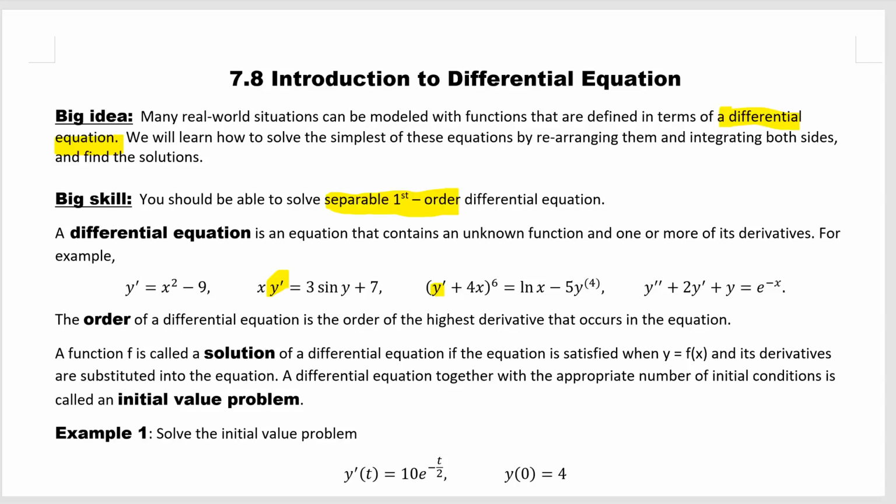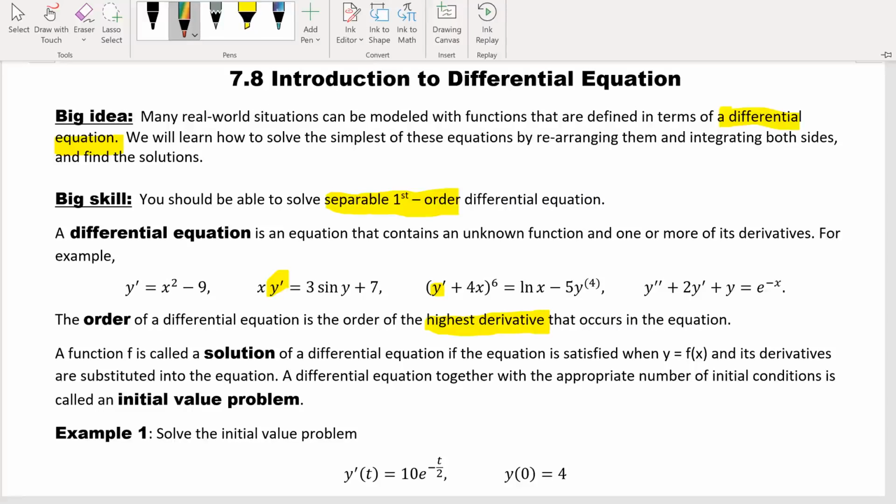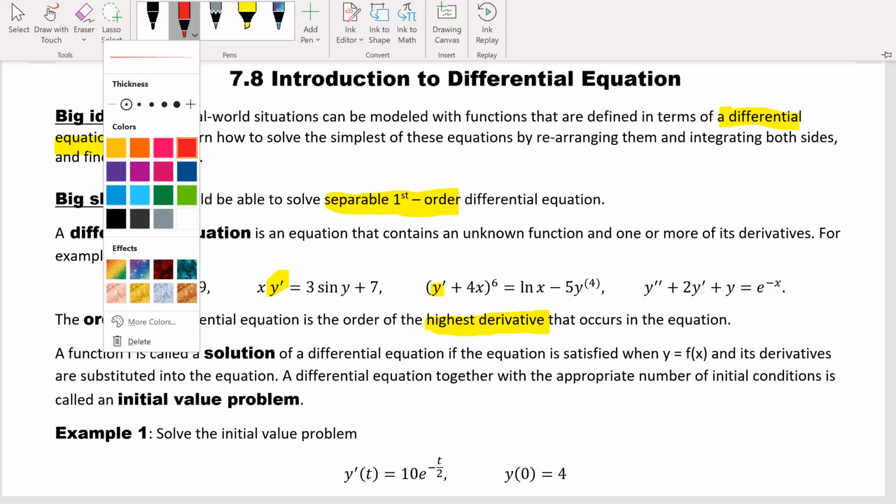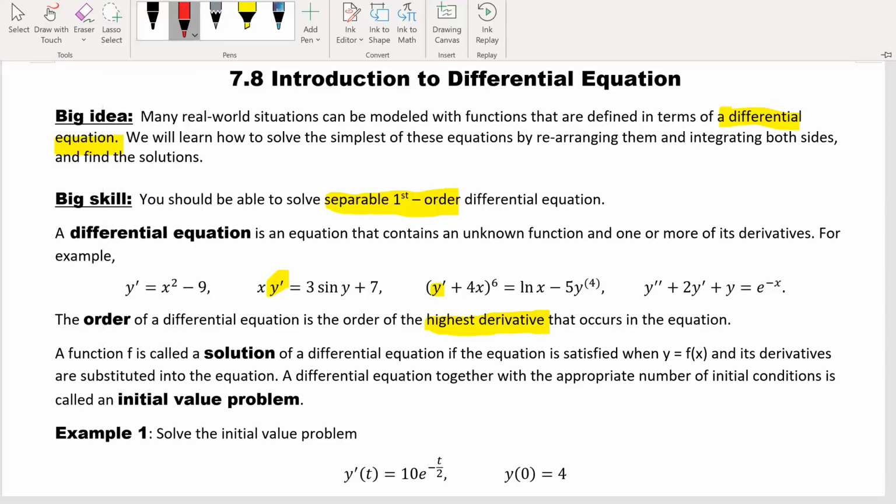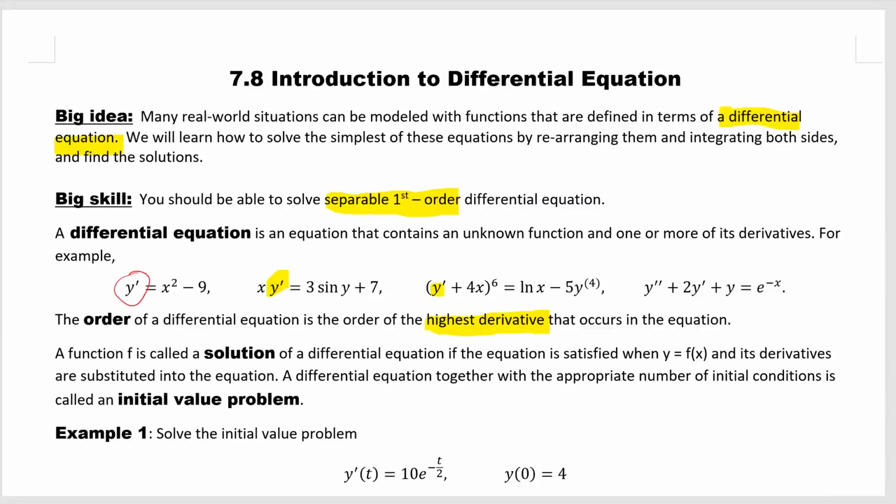What is the order of a differential equation? It is the order of the highest derivative that occurs in the equation. For example, in the first example, we have the first derivative, so this is first order.